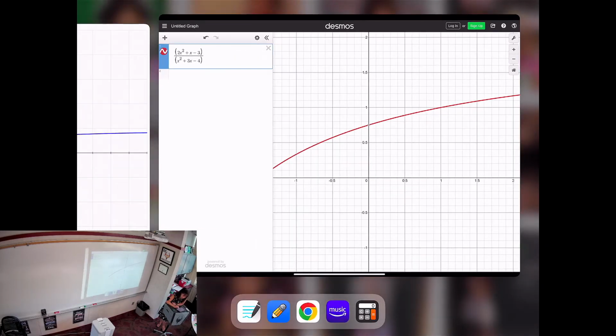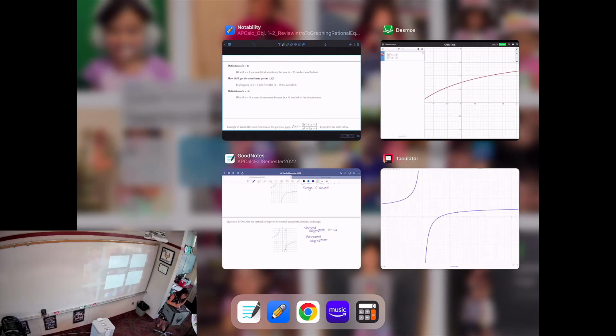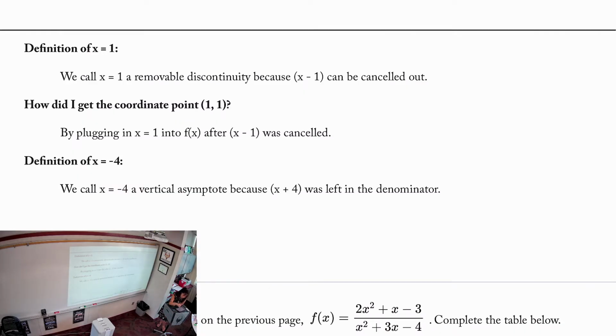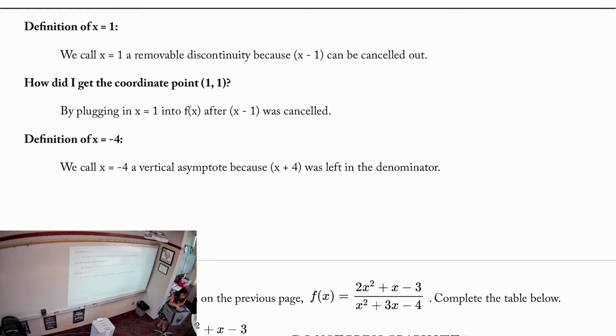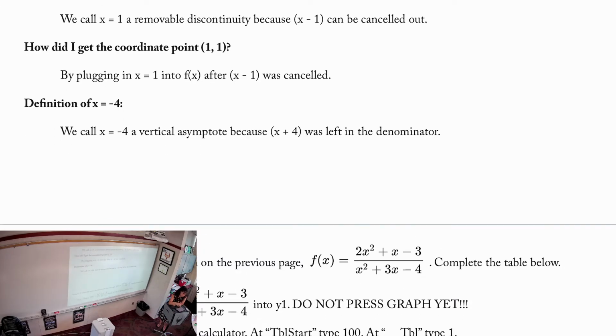Yeah, I struggle with this. I don't like this one. It's good for exploration, and that's about it. It's good to be able to show you a picture of a graph.